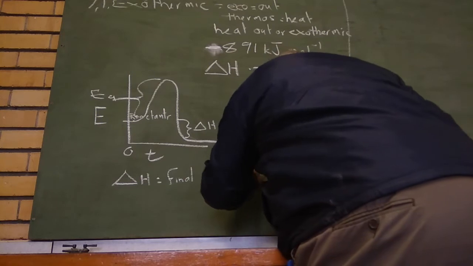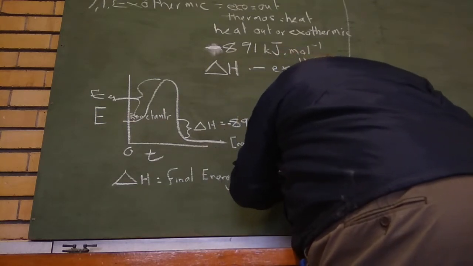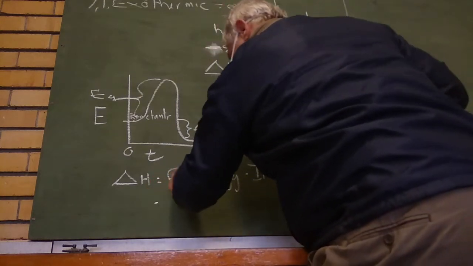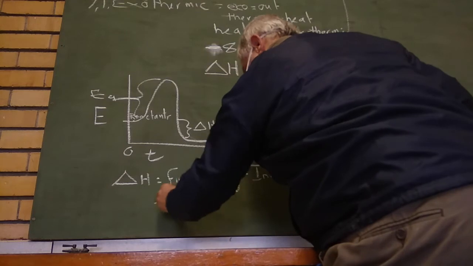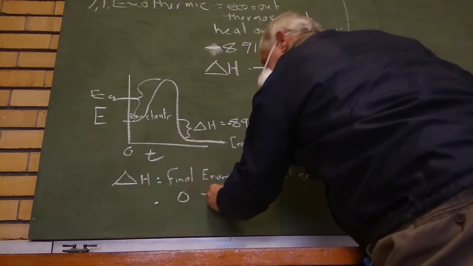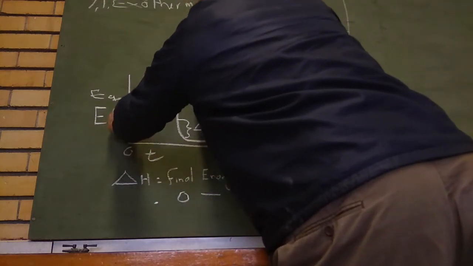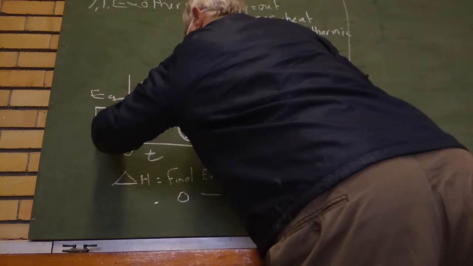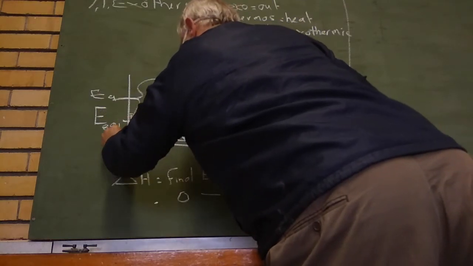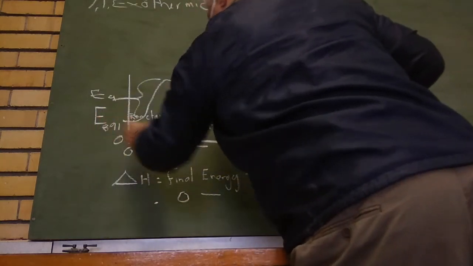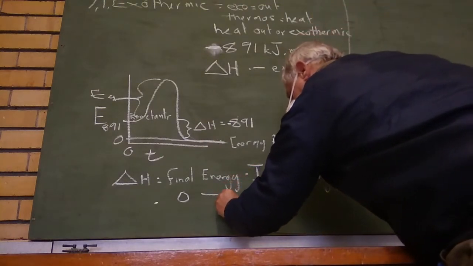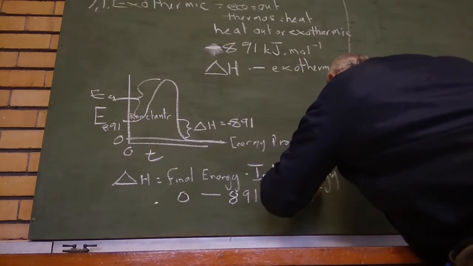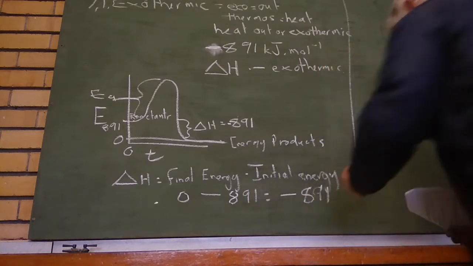Let's just say it ended at naught, and your initial energy must have then been 891. So it's naught minus 891, and that gave us an answer of minus 891 kilojoules per mole. Do you see how I work it out?